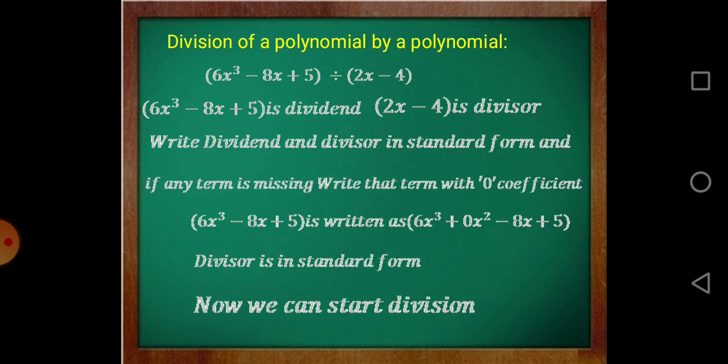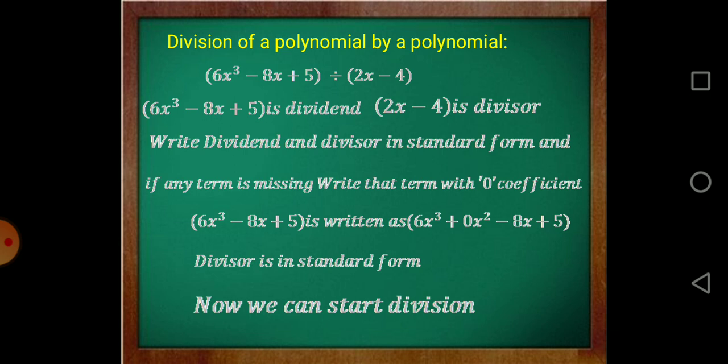Suppose here in the dividend the square term is missing, so we are going to insert the square term with the coefficient 0. When the coefficient is 0, it is confirmed that the product is 0 and that value will not change our polynomial, which is taken as dividend or divisor.